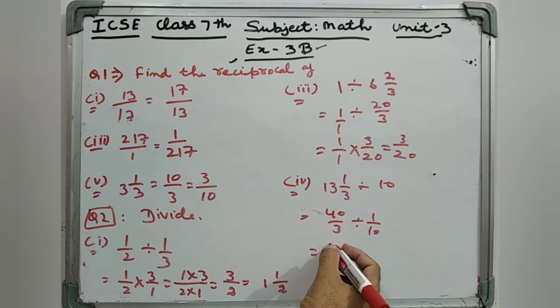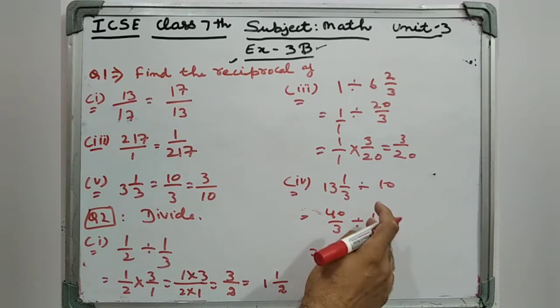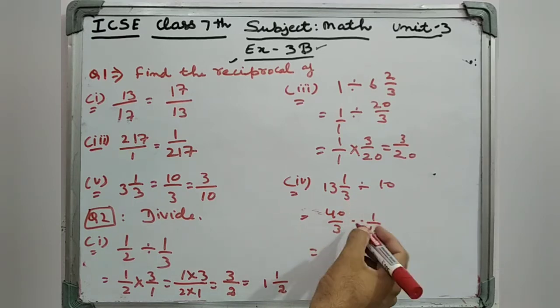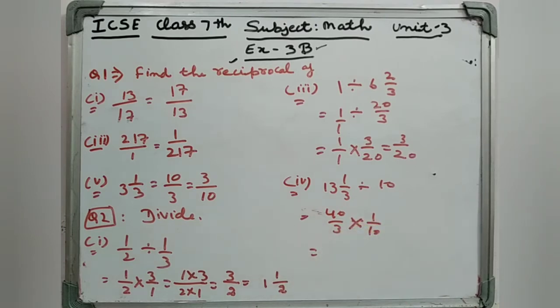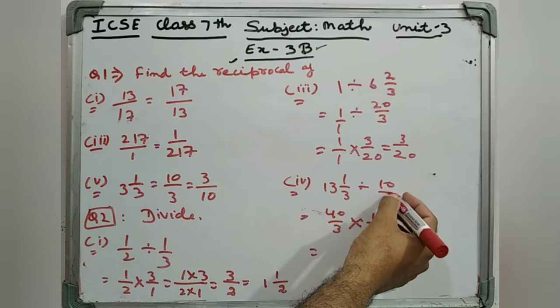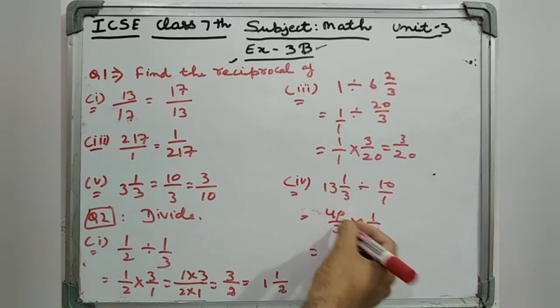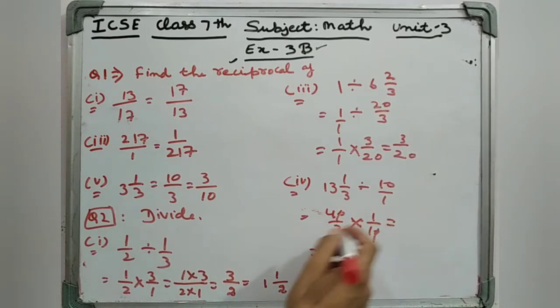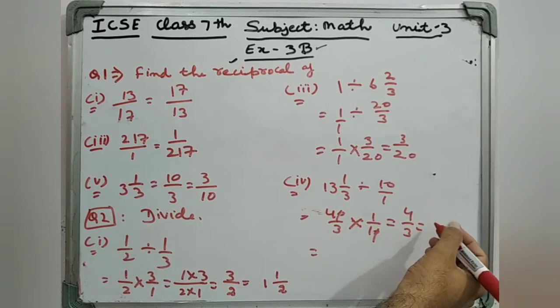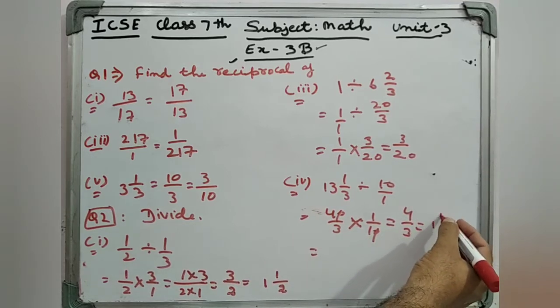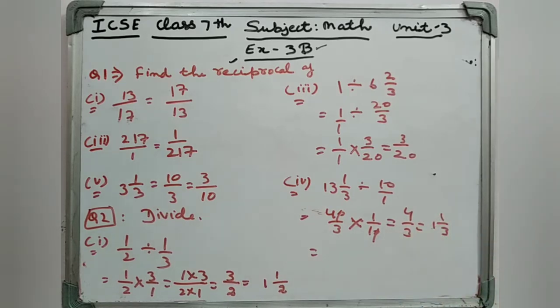Now, no, sorry, multiply. 10 upon 1, 4 ones are 4, 3 ones are 3. Now make mixed fraction, 1 1 by 3, 3 ones are 3 plus 1, 4.